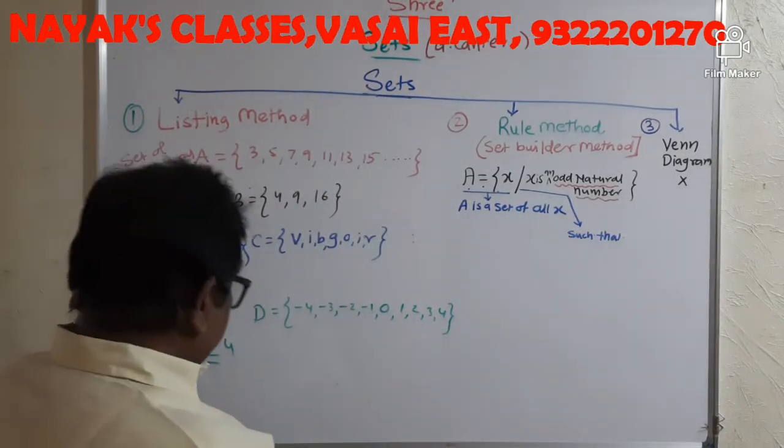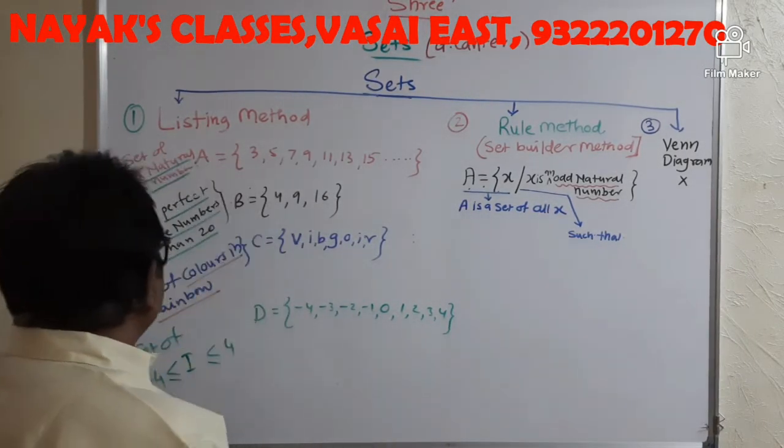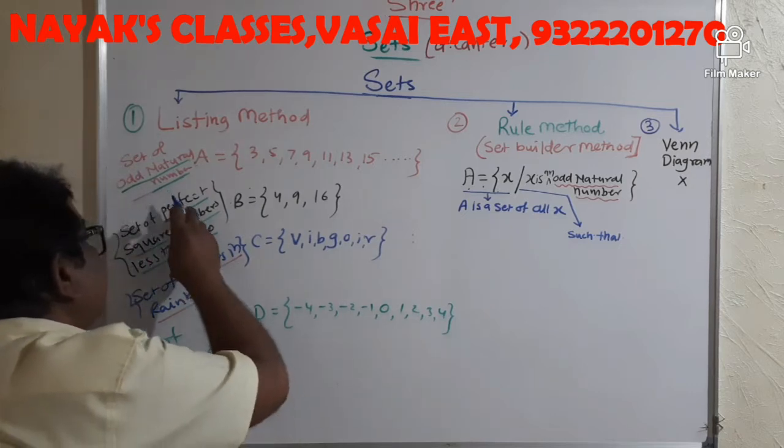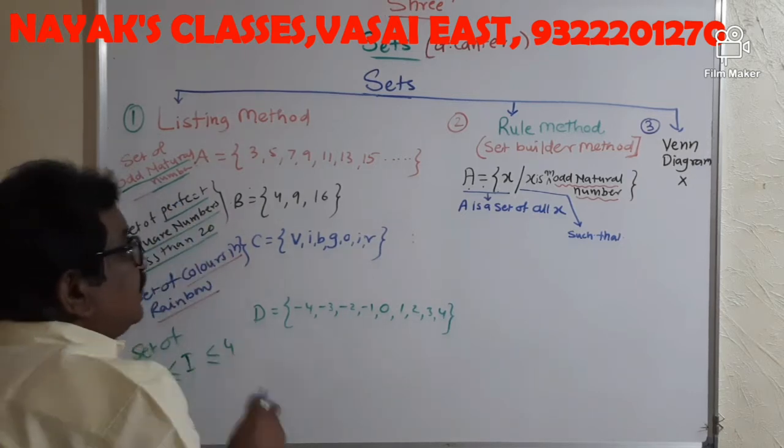Now the next one. Perfect square number less than 20.